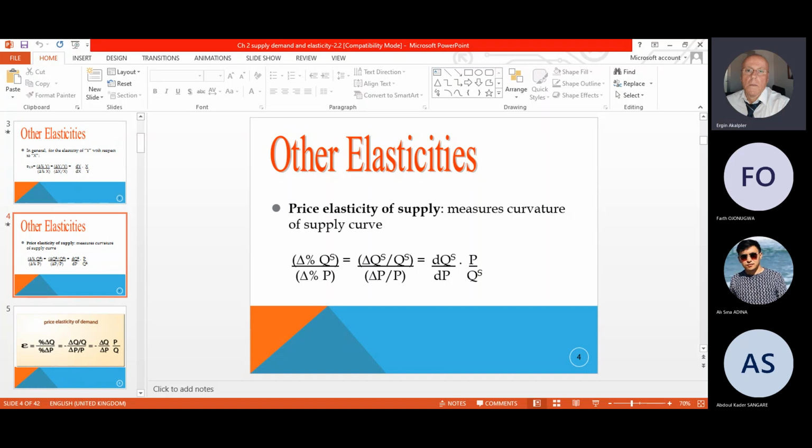This can also be represented as delta Qs divided by Qs at t minus 1, the former quantity produced, over delta P over P. Again, delta P is the difference of the prices between these two periods divided by the price in the former period. When you turn this equation upside down, it is delta Qs divided by delta P multiplied by P, the former price, divided by Qs, the former quantity.